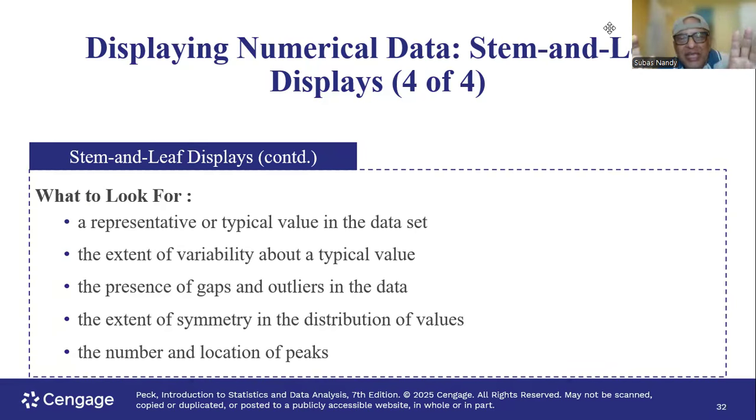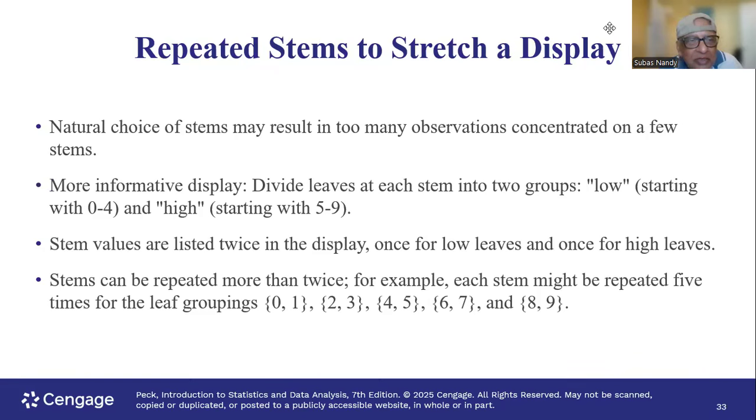That gives you a range of numbers, okay? So we will look for presence of gaps and outliers, numbers which are far away from the rest, extent of symmetry, where there's a perfect center and the one below the center and one above the center look similar, and number and location of peaks.